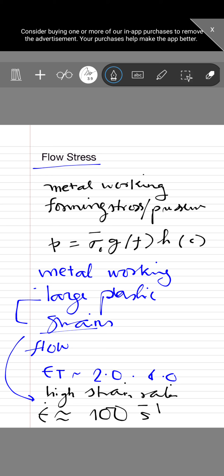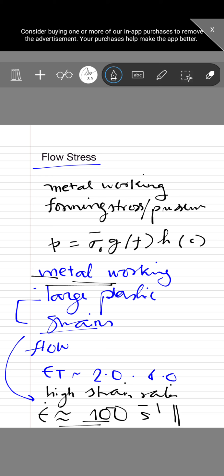You need a lot of force applied to achieve this sort of strain rate. It means the material is getting elongated 100 times per second. So we can imagine how much force needs to be given to achieve such plane strain, and such plane strain occurs in metalworking.